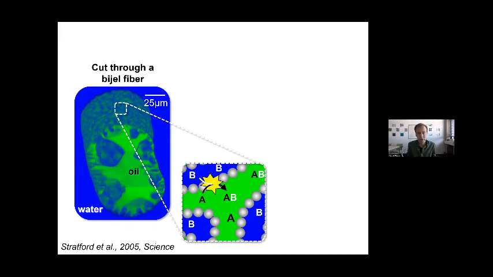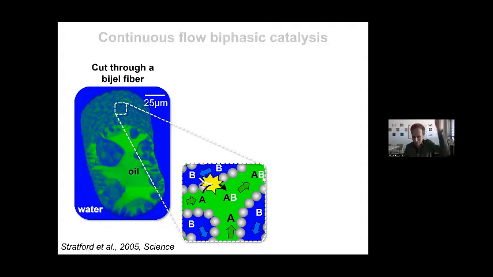Epoxides are high value-added chemicals. They are used for glues or for other precursors, for plastics, etc. And my idea is to continuously flow the water-soluble and oil-soluble reactants through this structure and then collect the products by flow chemistry. So that would be a continuous flow biphasic catalysis.